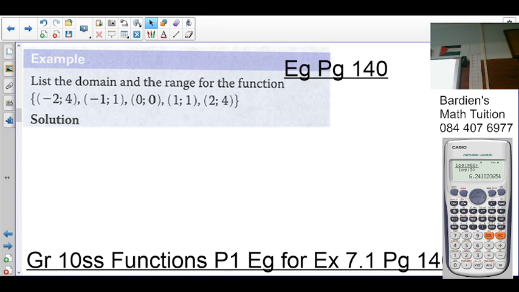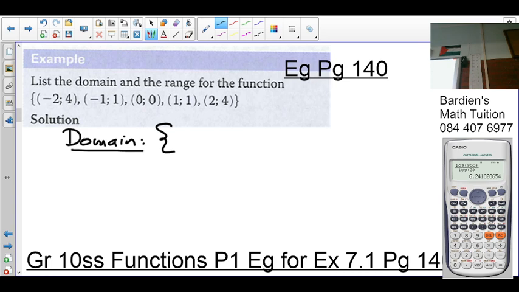Let's look at the domain. Domain is all possible x values. So what are my x values here? -2, -1, 0, 1, 2.